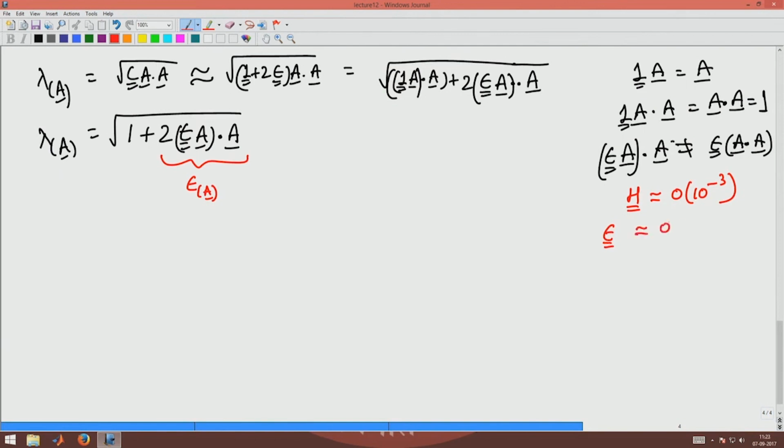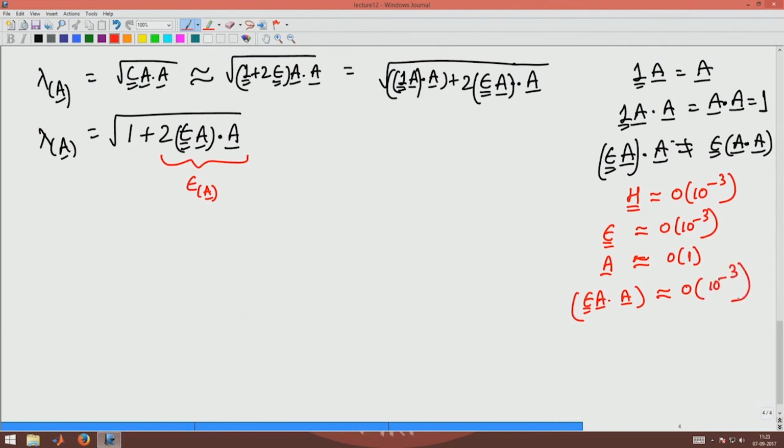Epsilon components also will be of order 10 power minus 3. Okay. A is a unit vector, so components of A would be of order 1 or lesser. Okay. So, epsilon of A dotted with A would be of order 10 power minus 3.